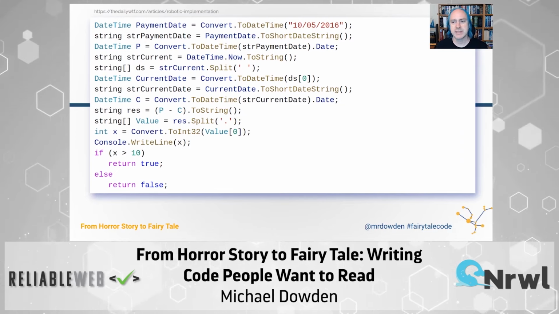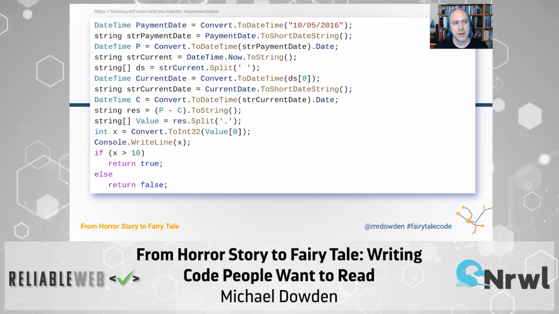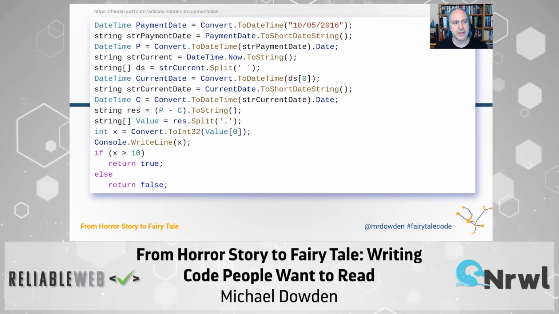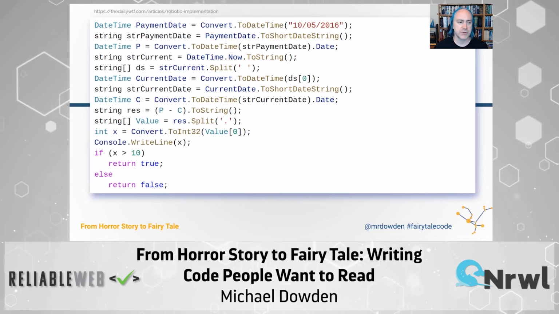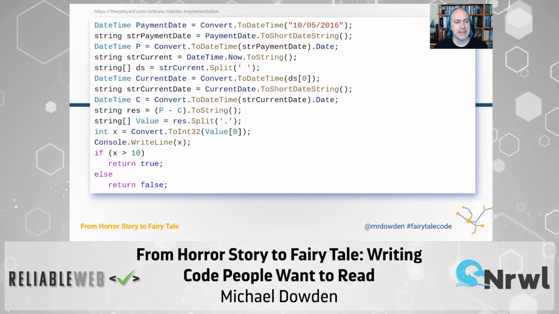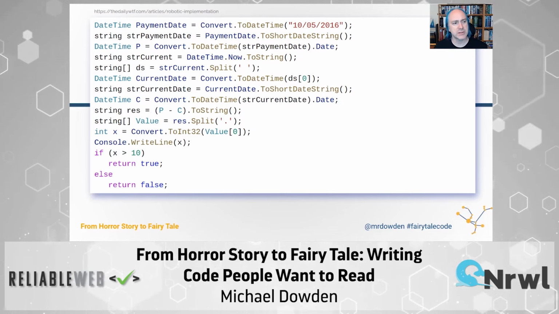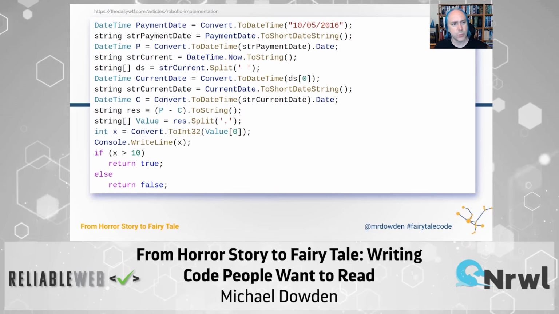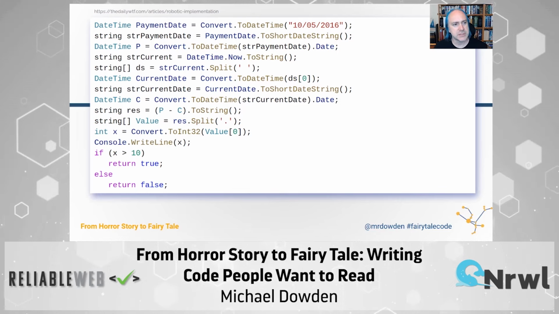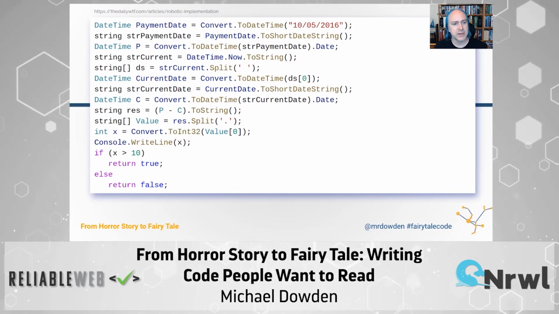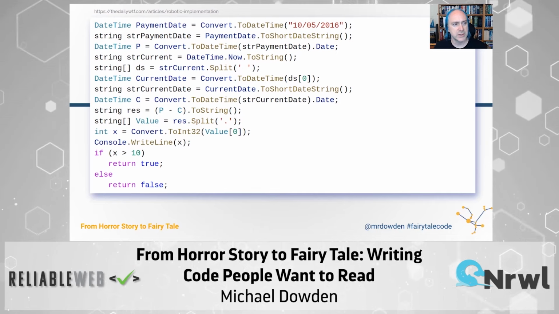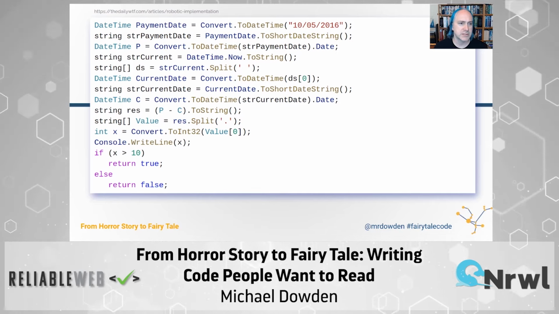So here is an example of bad code that I found on the Daily WTF from one of their articles. And as you can see from looking at it, it's not super clear at a glance what's happening. That first line, you're converting from a string to a datetime object.